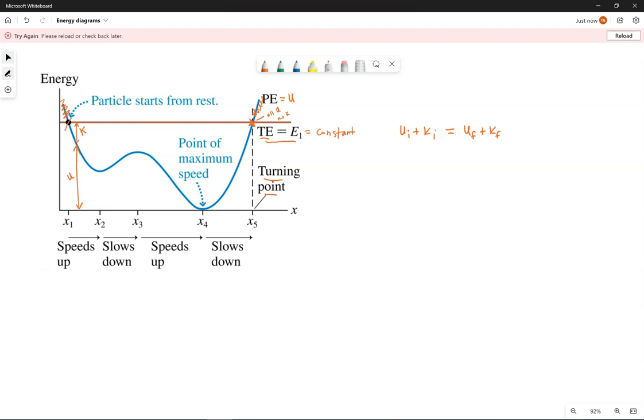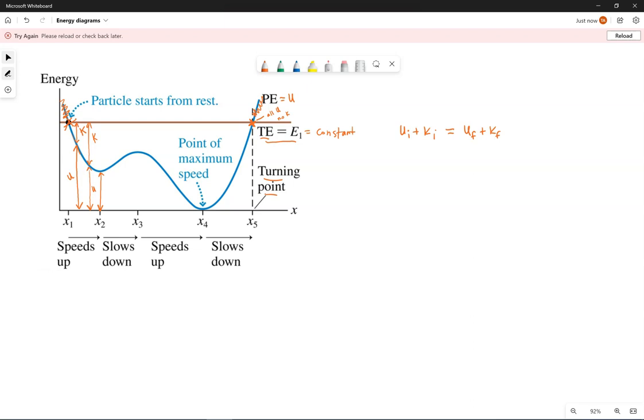So the particle starting from rest here on the left, we let go, it's moving downwards. As it continues down this slope, its potential energy, U, is getting smaller, which means K, its kinetic energy, is getting bigger. At this location right here, it's like rolling a marble through a bowl.